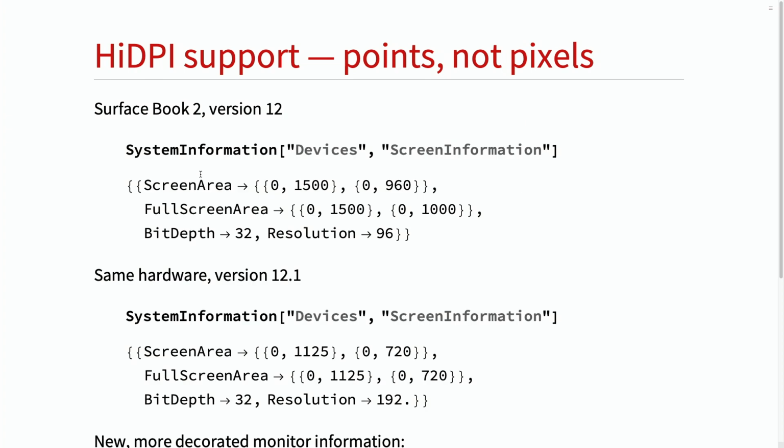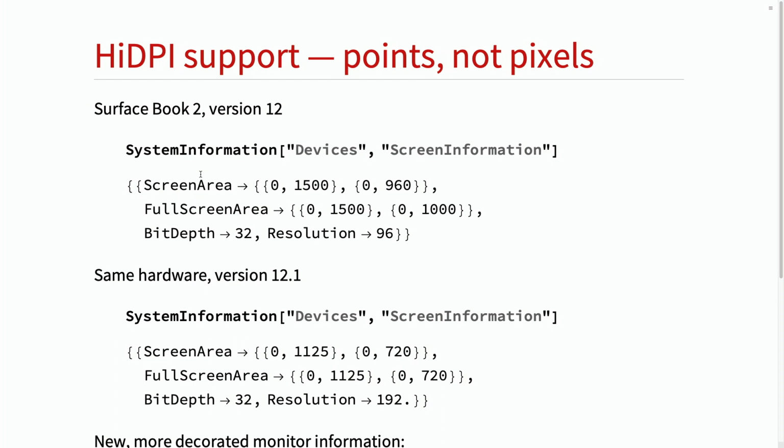And then just a little bit more in terms of how we explore this. A few people among the beta testers have reported this and had some head scratching, where, well, I did system information in version 12, and I did system information in the 12.1 beta, and it looks very different.